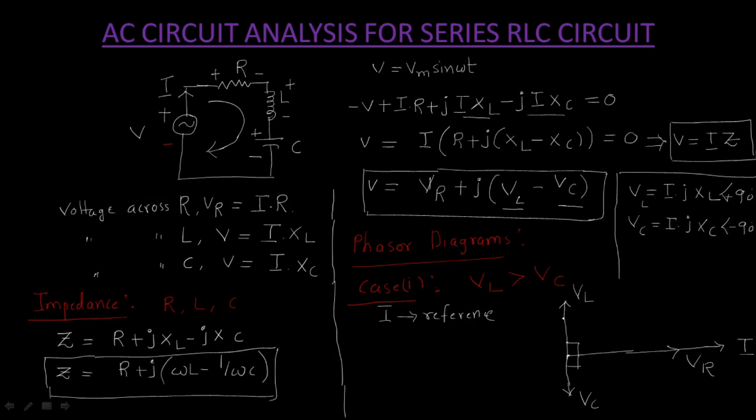Then the final voltage will be like this. If you subtract both, this reference part is VL minus VC. The combination of VR, the voltage across the resistor, and VL minus VC gives the supply voltage.